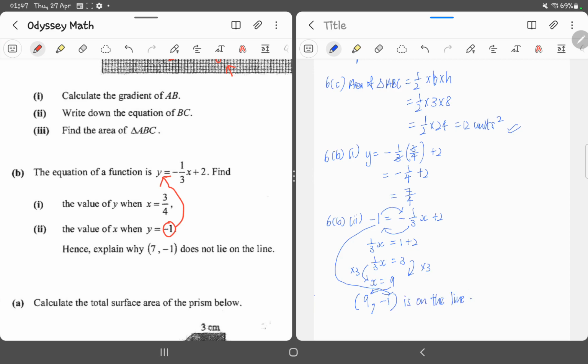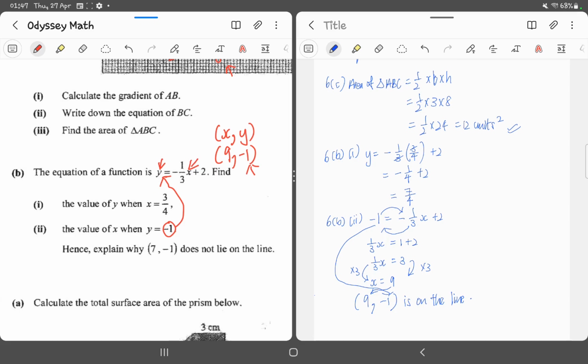That's essentially what we are doing. When you substitute y equals -1 here, and then you find the value of x, essentially we got that x is 9 and y is -1. So we are finding a point on the line with coordinates x as 9 and y as -1.